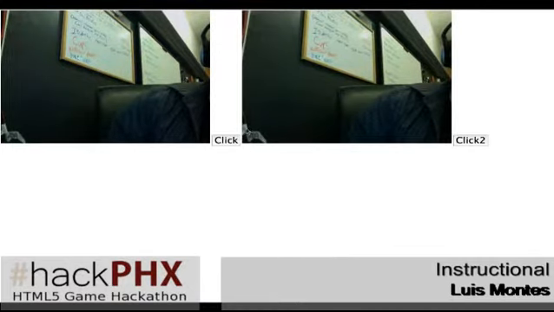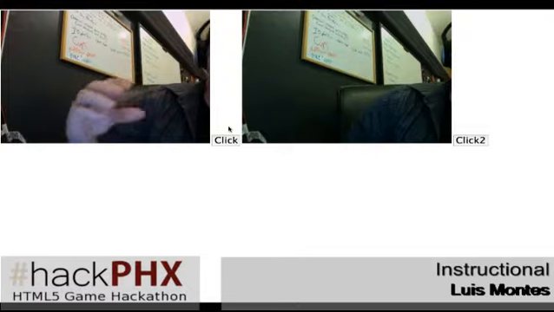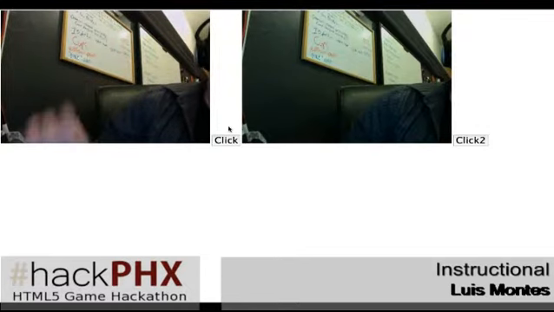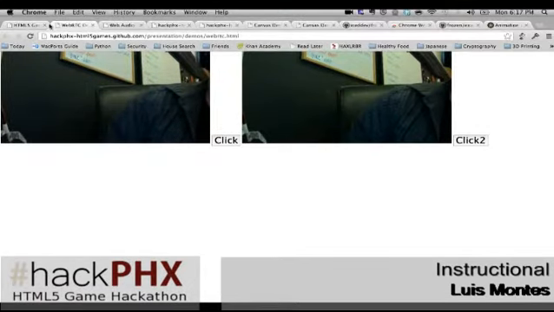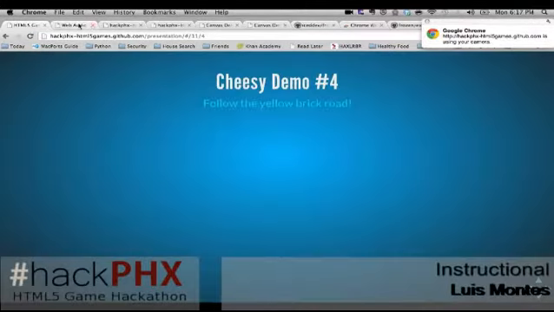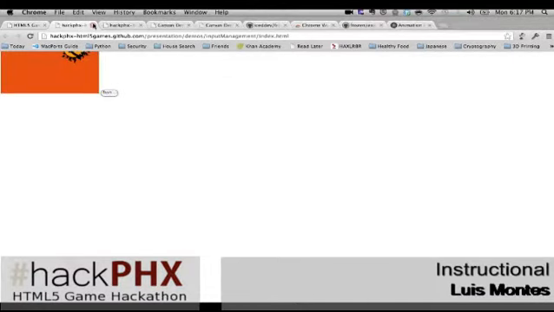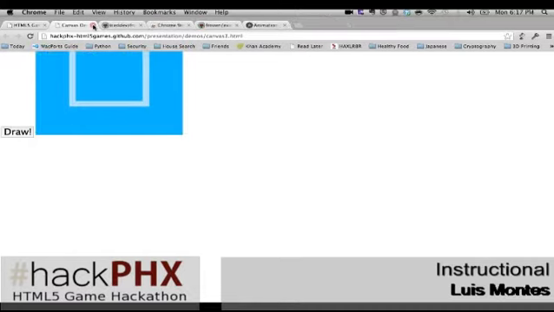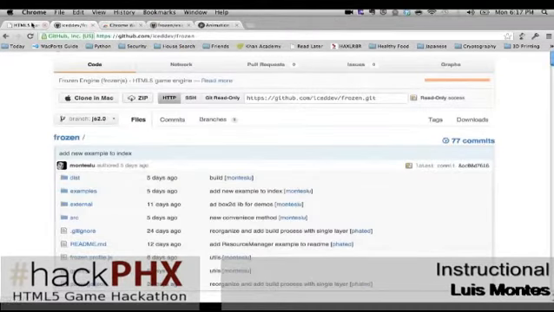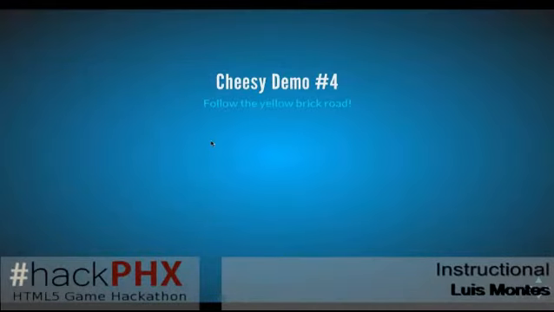So here's how it asks. When you ask for user media, it pops that little guy up right there, and so I'm taking the camera and putting it in that video tag. That's all that's doing there. Okay, so that's cool, right?